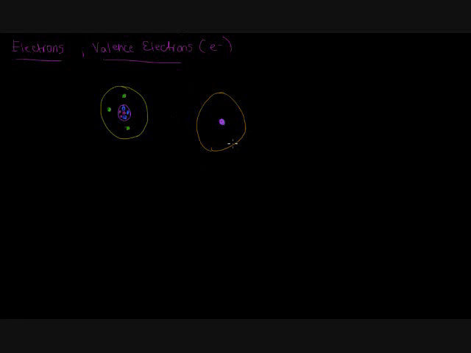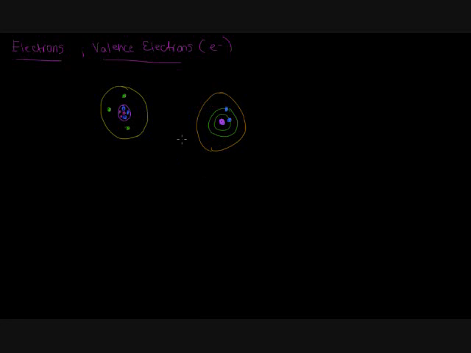If this is your atom and this is your nucleus, you have these different subshells where you have electrons. This time I'm going to do the electrons in blue. Sorry if this is confusing, but I'm calling that an electron and that an electron. So these electrons are at different levels, right?